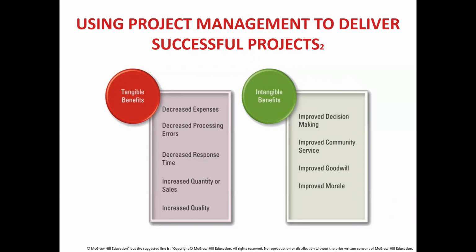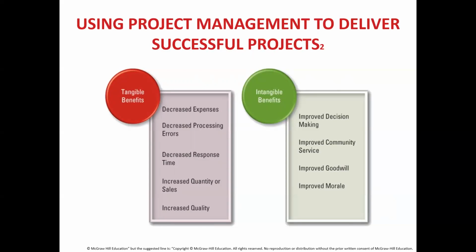Tangible benefits may include decreased expenses, decreased processing errors, decreased response time, increased quantity of sales, increased quality. On the other hand, an intangible benefit is a more subjective benefit that you can't actually touch and is difficult to measure in terms of dollar value.